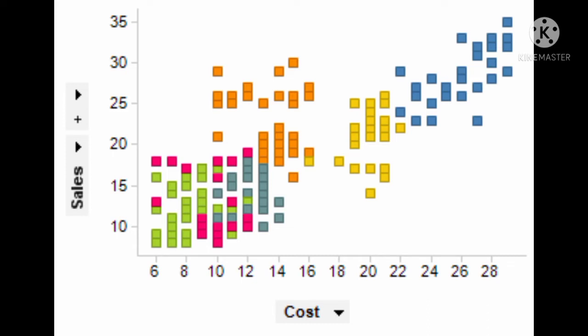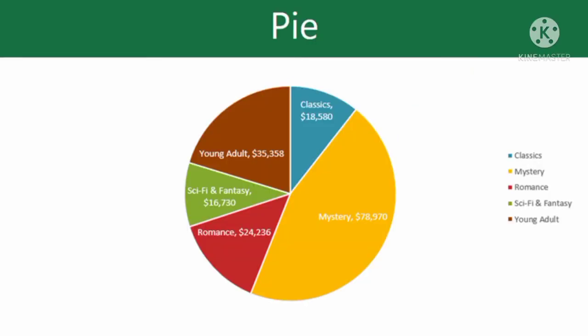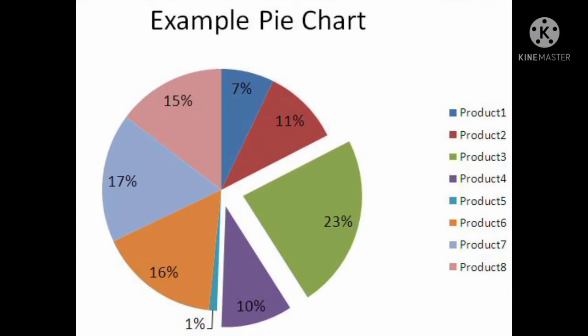Here is an XY chart. Next is the pie chart. A pie chart is used to plot the data for a single data series. Each data point is represented by one slice of the circular pie chart. Here is the graph of a pie chart.